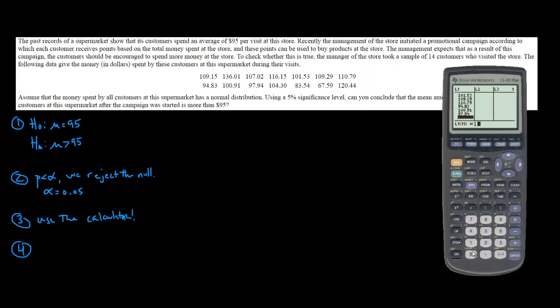We have $104.30. We have $83.54. Oh, this is taking forever. $67.59. And finally, $120.44. Now, as tedious as that is, it's not nearly as bad as doing it by hand.